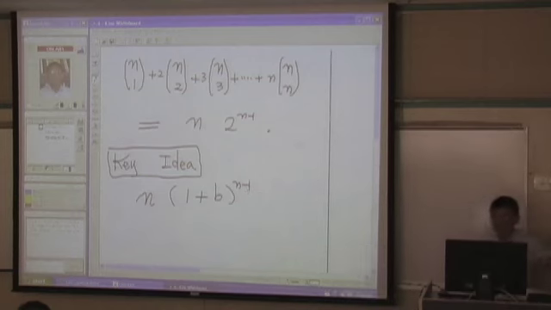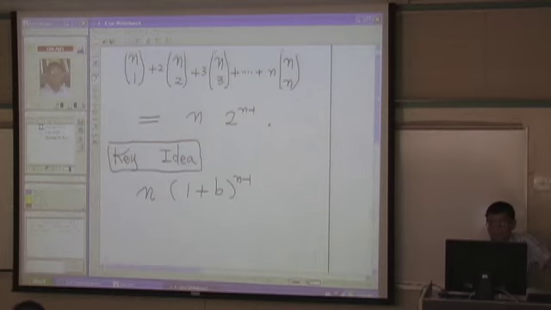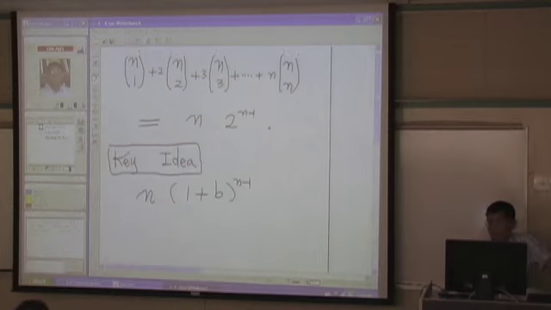So let's do it. If we expand this thing, what do we get? So n multiplied by this portion, right? This portion.